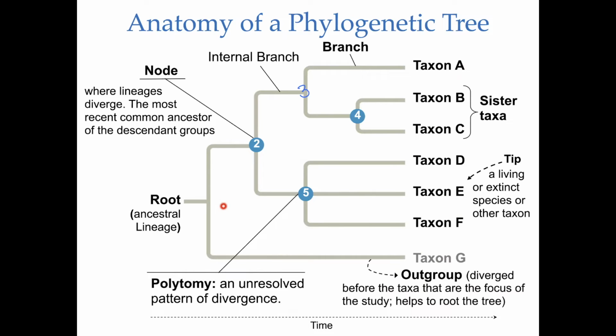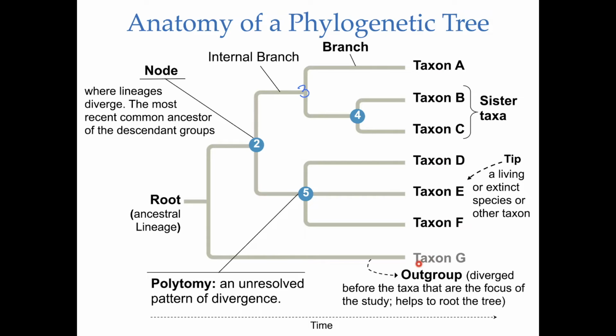So it's kind of saying like we had the very first organism that appeared on Earth, and then from there we started branching off and forming life as we know. So our actual group of study would be from taxon A until taxon F. So that is the group we are interested in understanding the relationship among.